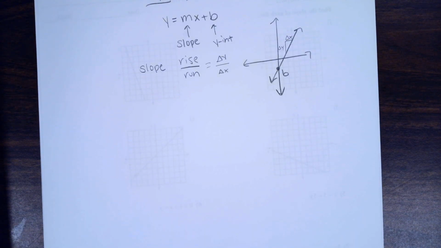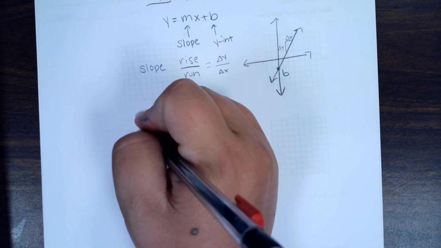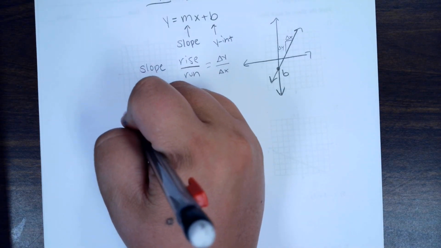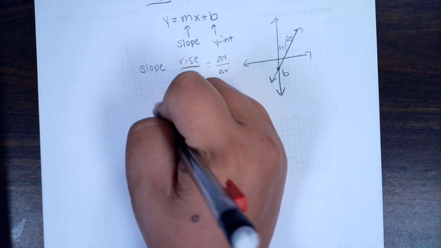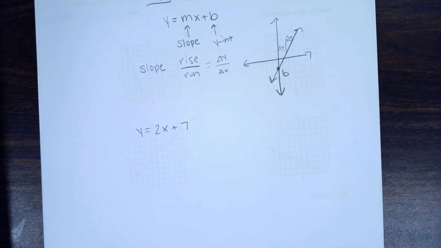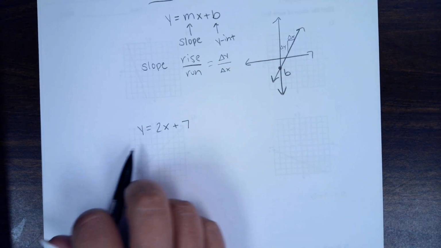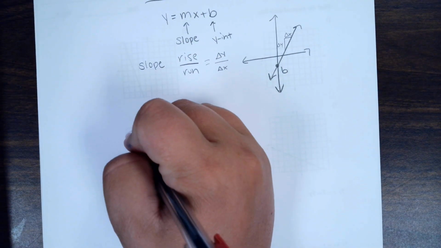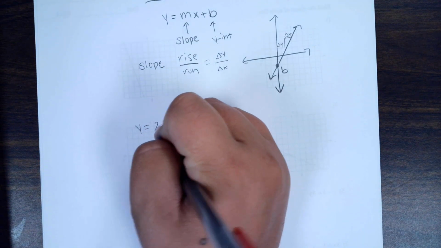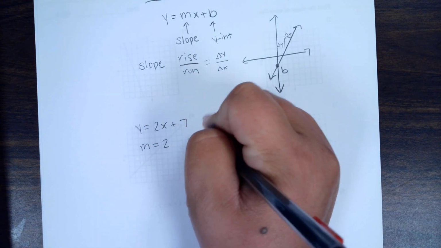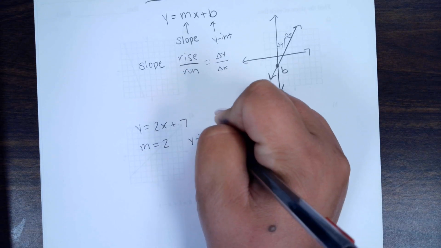So let's look at an example. Let's say I have the equation y = 2x + 7. We're already in slope-intercept form, right? So our slope is 2 and our y-intercept is 7.